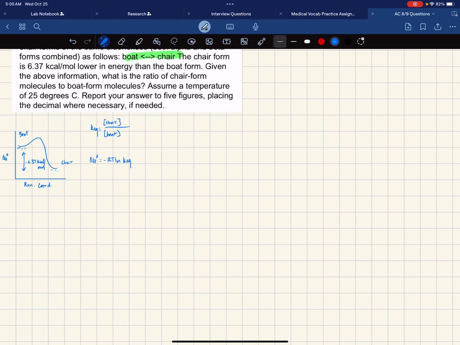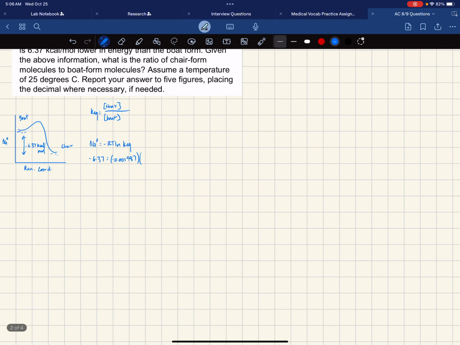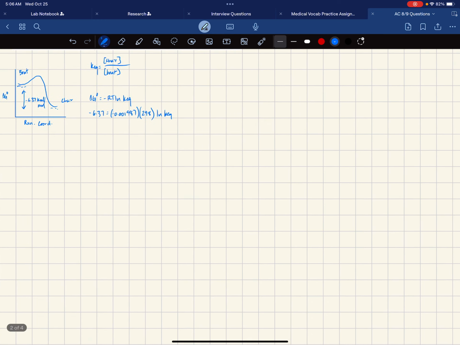And I know delta G, which is negative 6.37. I also know RT, which is 0.001987 times the temperature, which is 298, ln of KEQ. So if I solve this out, what I end up getting is that KEQ is equal to 997.